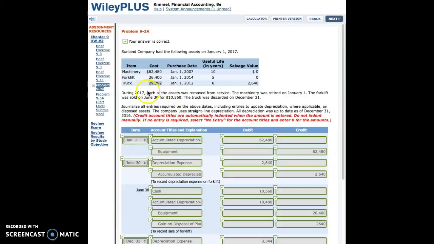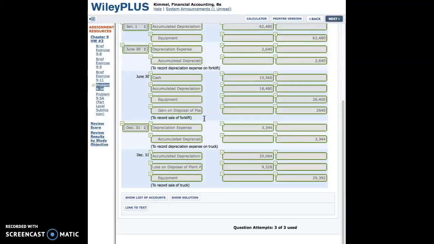If you look up here, the truck was 2012, 2017, this is January, so we get that full year. It ends up being 6 years. So we take this number, 1 year of depreciation, times 6, and that tells us the accumulated depreciation.